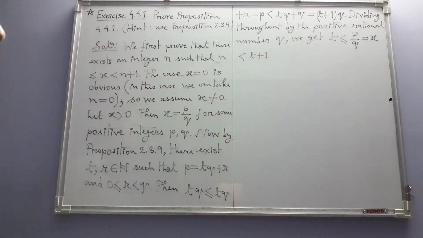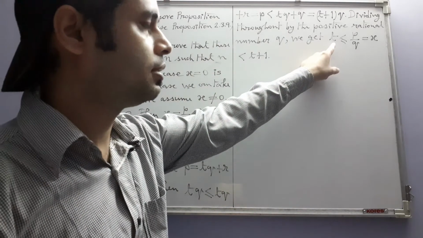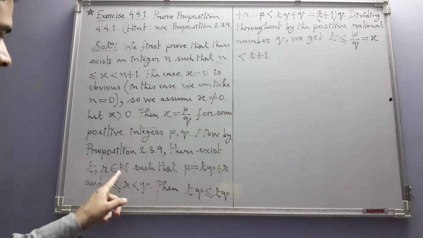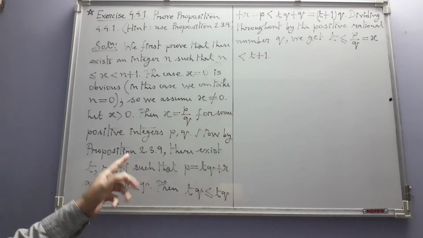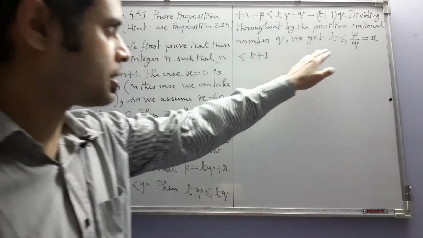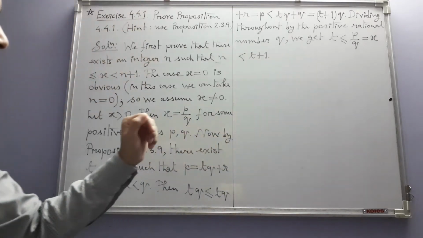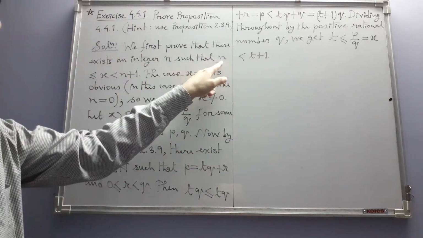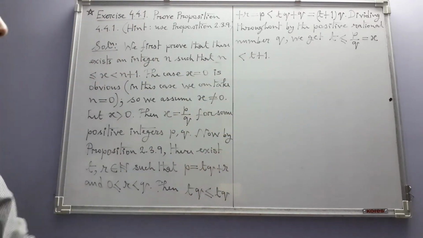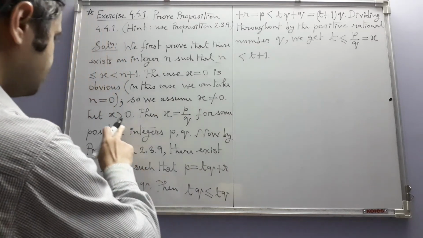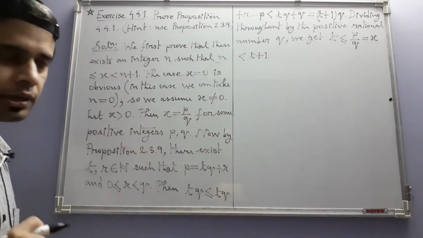So we have actually found an integer t, which in this case turns out to be a natural number, that is a non-negative integer, such that these inequalities are true. In other words, in place of n now we have t, but this is when x is greater than 0.